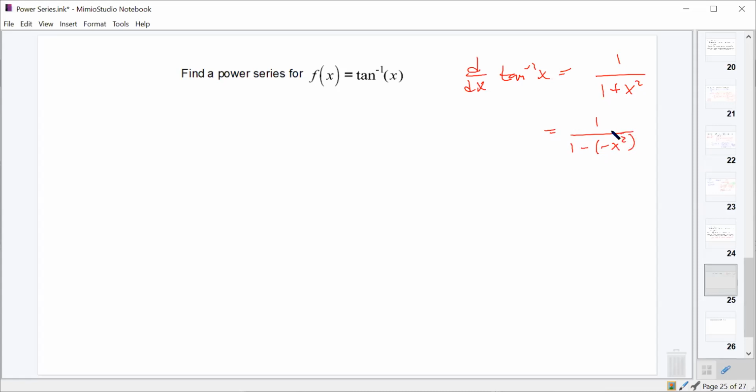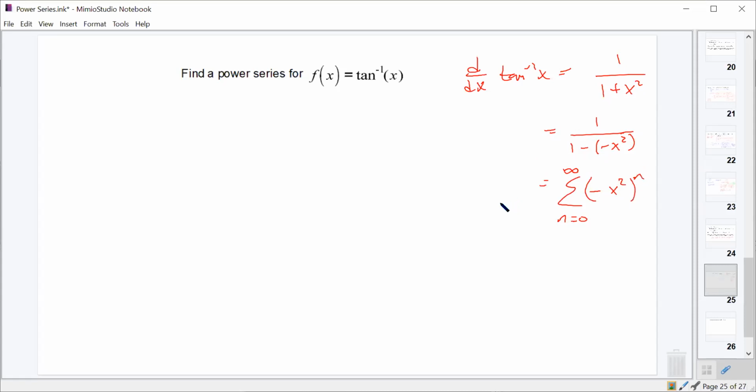And we could use the power series for 1 over 1 minus negative x squared, which would be the sum from n equals 0 to infinity of negative x squared to the n.